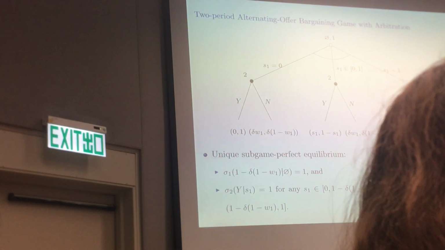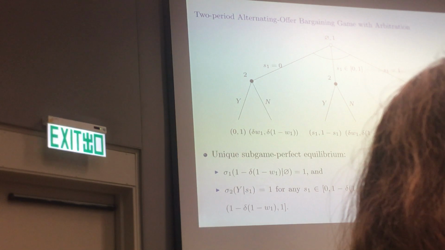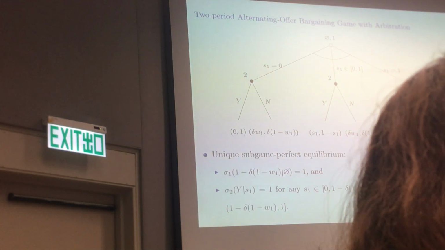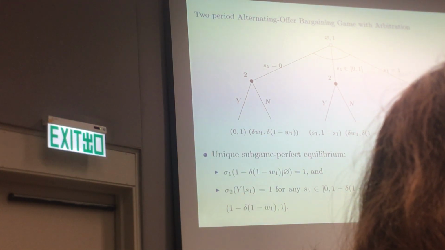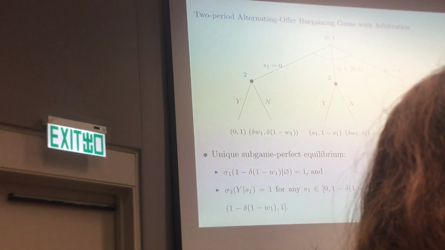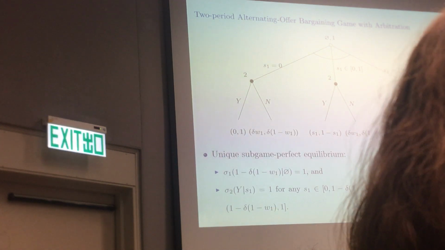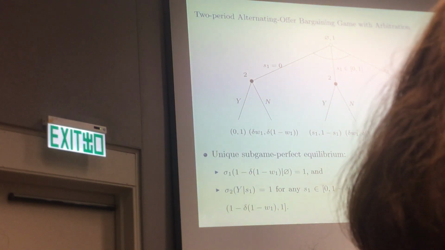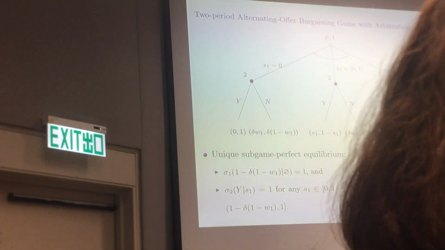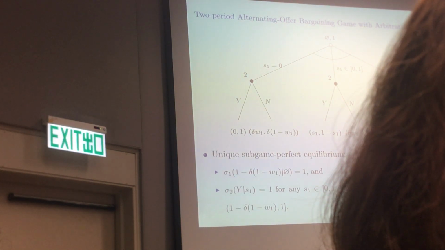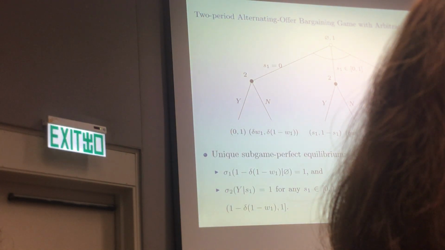And you can add more periods. You can make a 4-period bargaining game, a 5-period bargaining game, etc. As the game becomes longer and longer, the amount of work you have to do becomes bigger and bigger. But the idea is still the same: you apply backward induction to solve the bargaining problem.